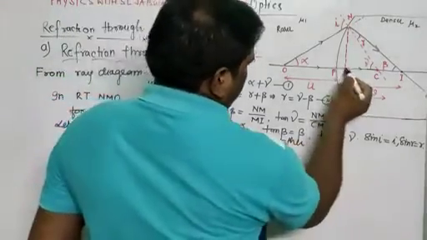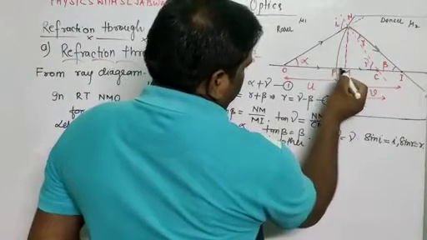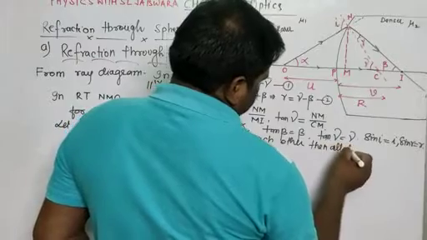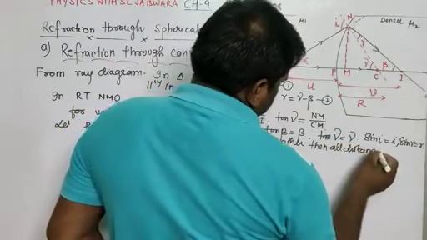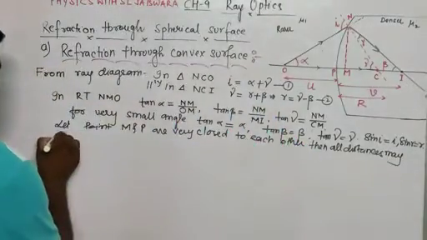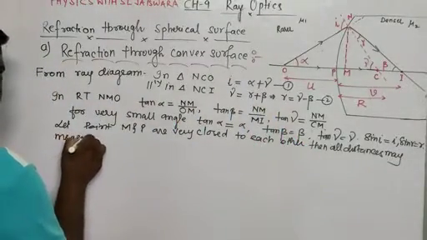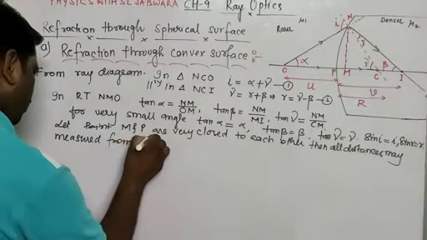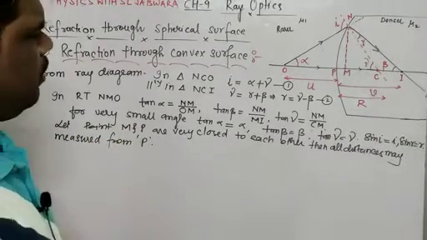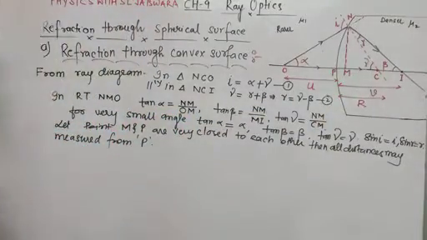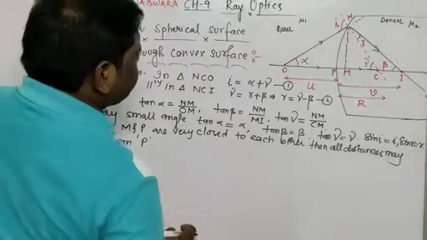If these two points are very close to each other, then all distances may be measured from point P. So wherever there is M, we can replace it with P. Well done.